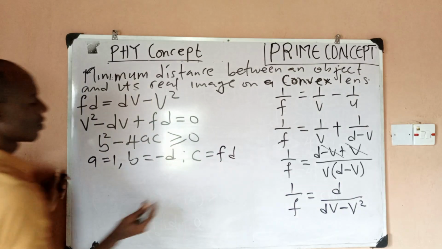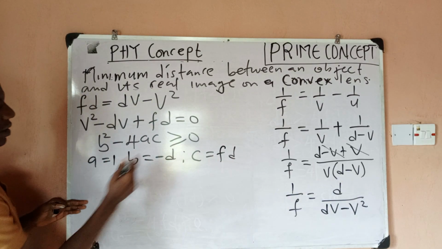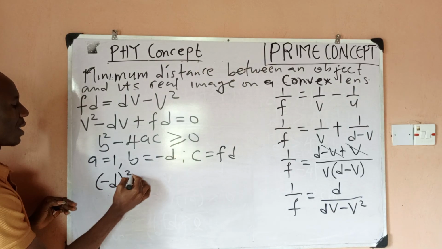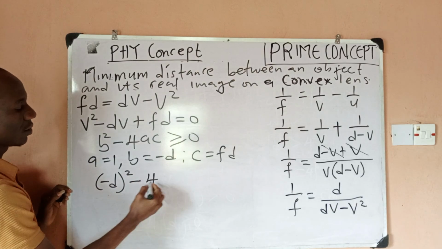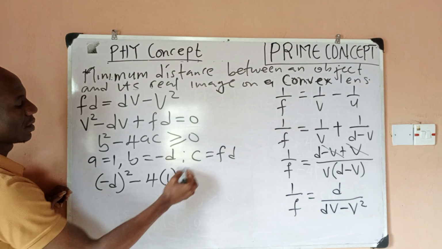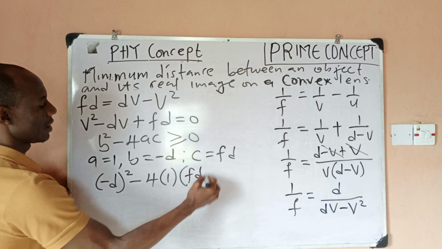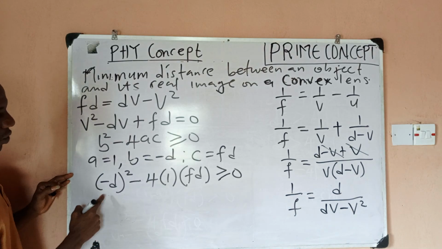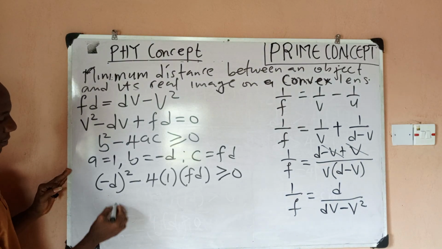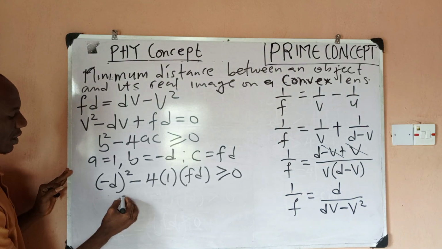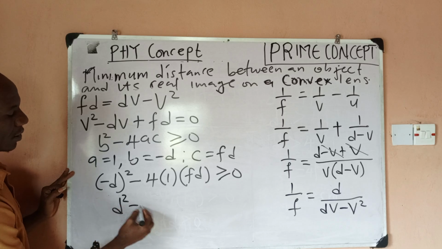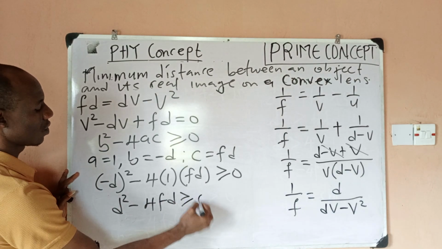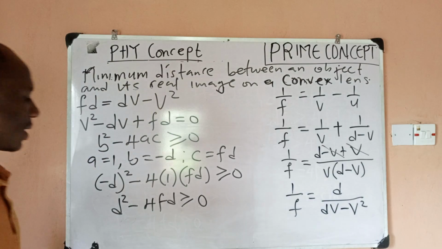So if I substitute this into the discriminant, I would have minus d all squared minus 4 into a, which is 1, and then c is fd. This should be greater than or equal to 0. So that I have d squared minus 4fd greater than or equal to 0.